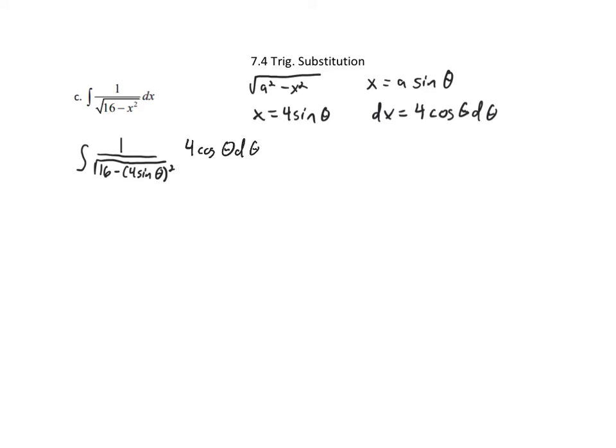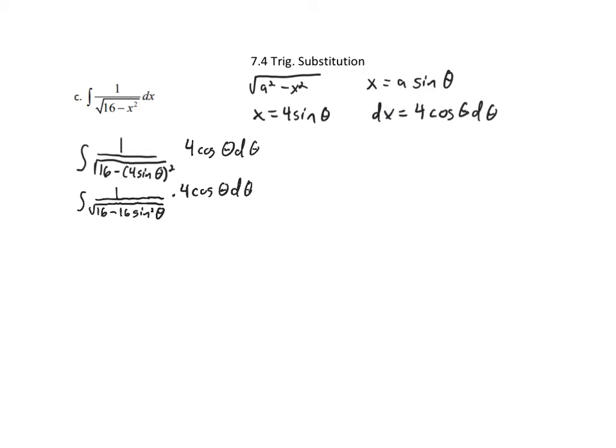Alright, let's simplify this a little bit. We would have 1 over the square root of 16 minus 16 sine squared theta times 4 cosine theta d theta.